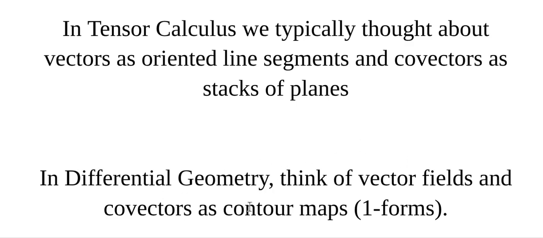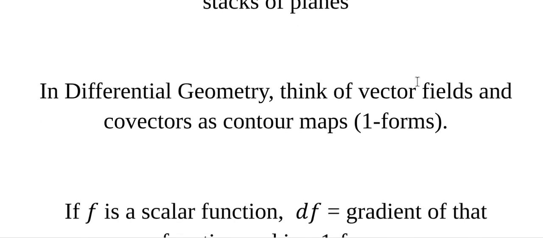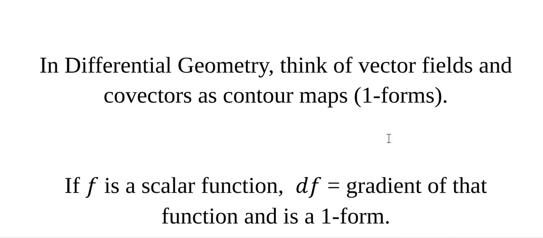Covector fields are actually contour maps, and they're called one forms. Okay, we need to start thinking in terms of fields. All right, if f is a scalar function, little d of f, we're going to learn later, is called the exterior derivative. It's a gradient of that function, and it is a one form.